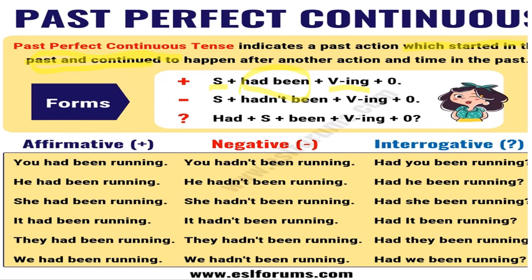Let's look at the form of the past perfect continuous. The subject, had been, and then the verb in the ing form, and then the object. If it were in the negative form, the subject, hadn't been, and the verb in the ing form, and then the object.